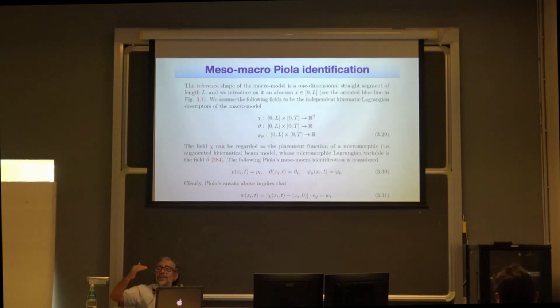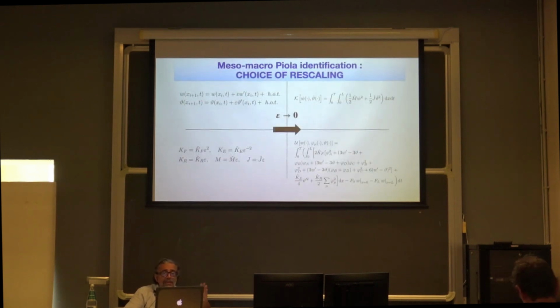So you make a macro-micro identification. Knowing the macro field, you get information about the micro field. Okay? Taylor expansion, very important.